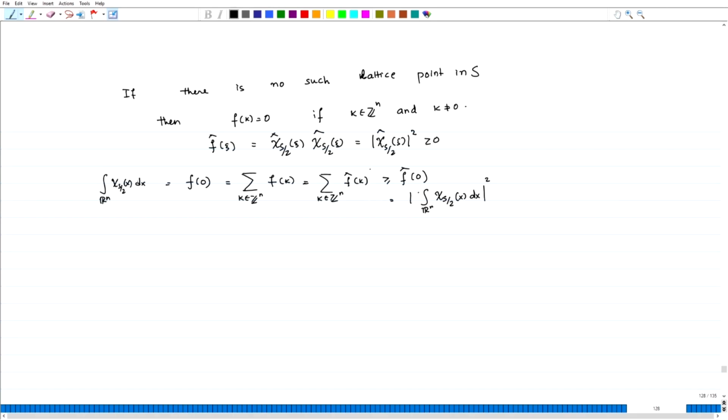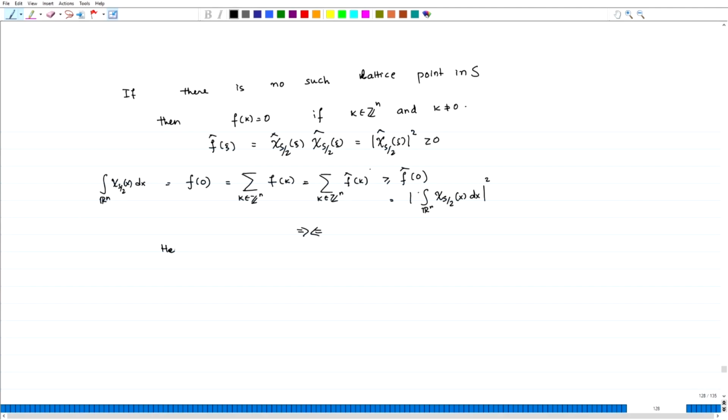What is given to us is that the volume of S is greater than 2 to the power n. Therefore, the volume of S by 2 is definitely going to be greater than 1, and now this is a contradiction, because the left hand side is saying that the volume of S by 2 is strictly less than 1. So, that is a contradiction.